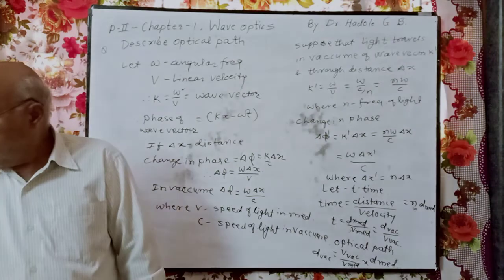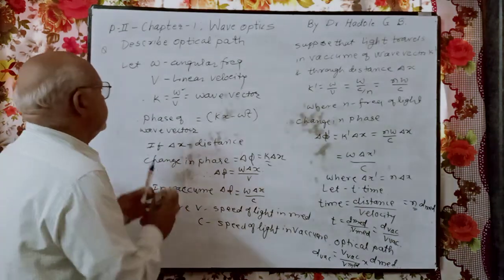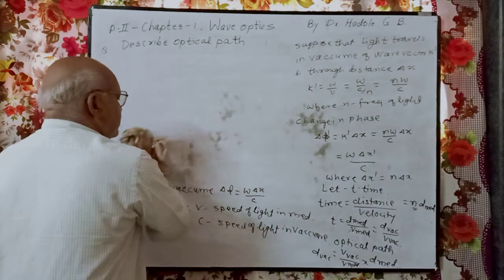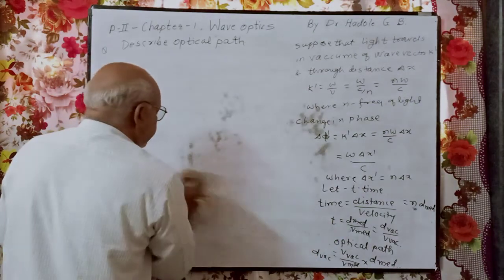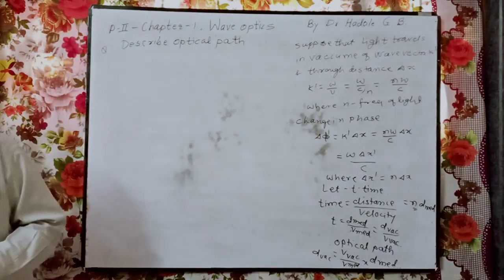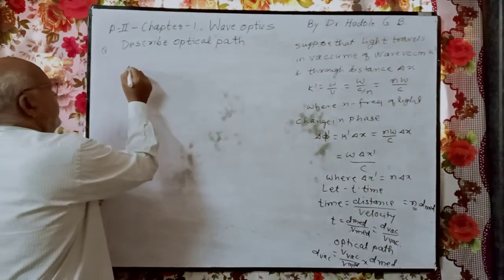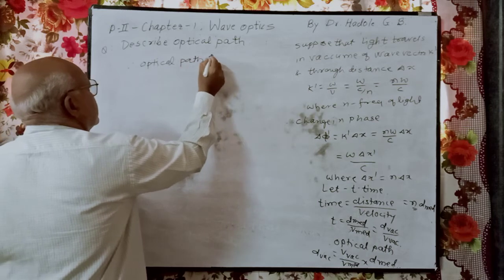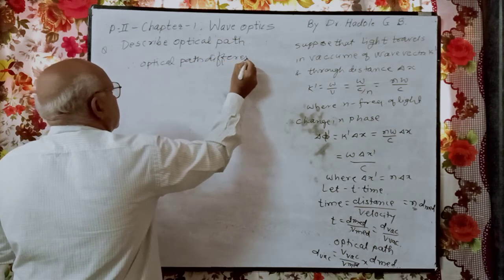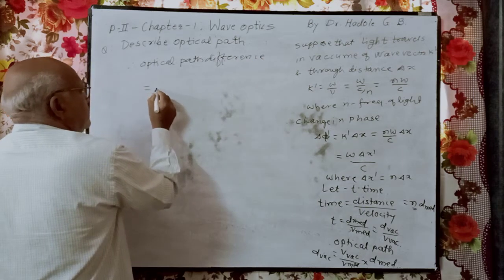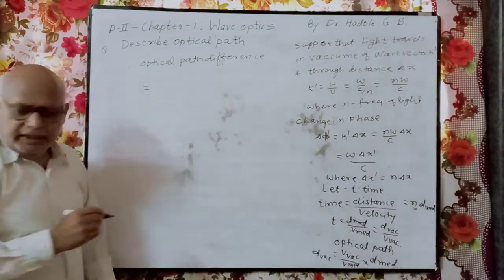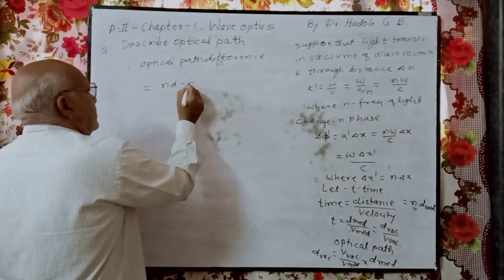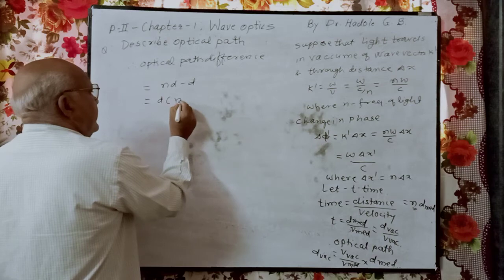And therefore, this equation leads to optical path difference, that is equal to D in bracket nD minus D, that is equal to D in bracket n minus 1.